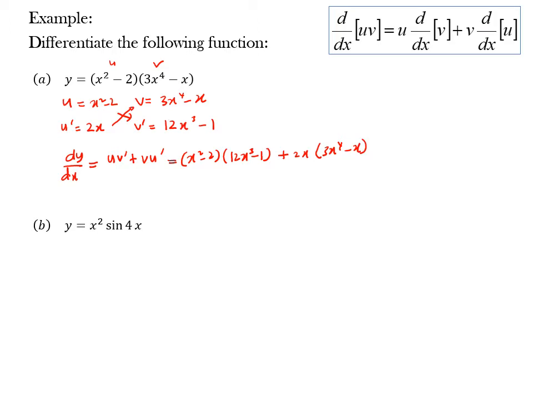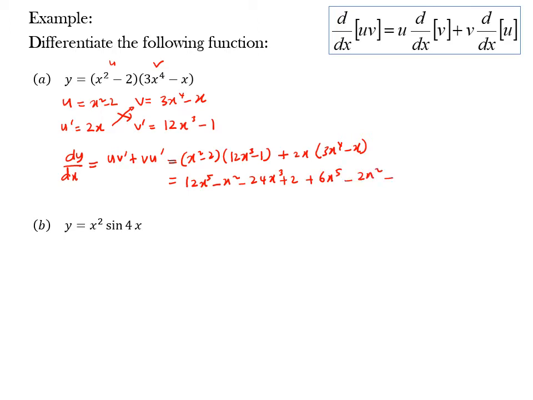Okay, maybe we want to simplify it, so you will get 12x^5 minus x squared minus 24x^3 plus 2, plus 6x^5 minus 2x^2.